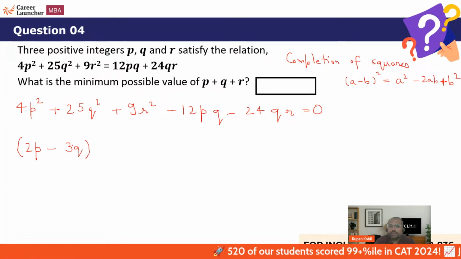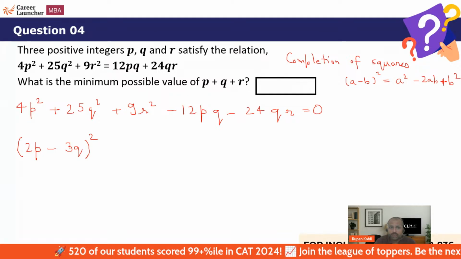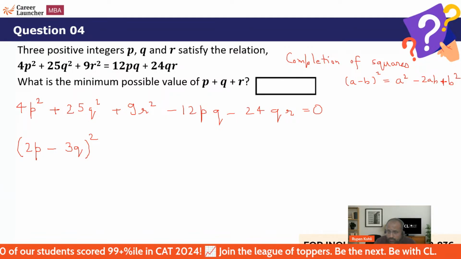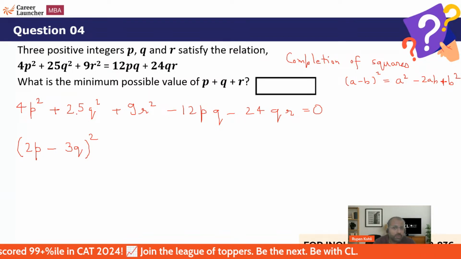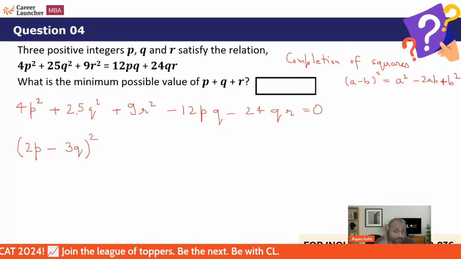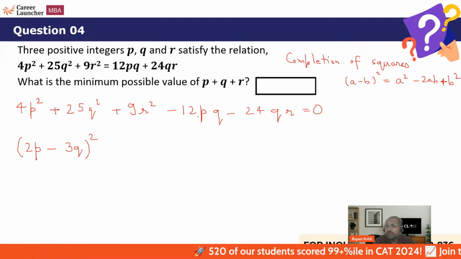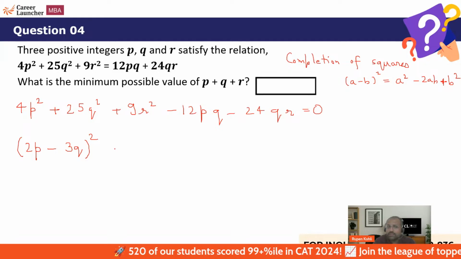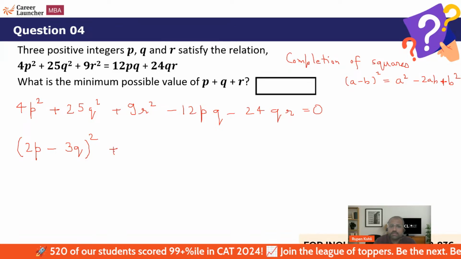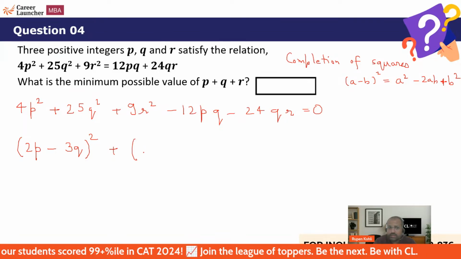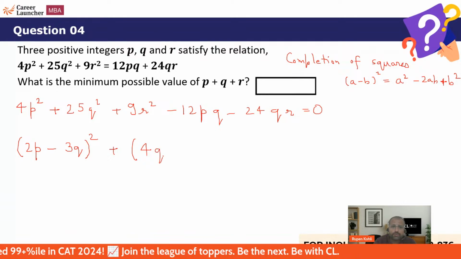So that now on the expansion of this square, the terms will come as 4p square plus 9q square. So out of 25q square, 9q square is used, 16q square is remaining, which is another perfect square, related to the next term which I'm going to write, and minus 12pq has also been used. So now what is left? Obviously, what is left is 16q square. So the next perfect square should start with 4q.